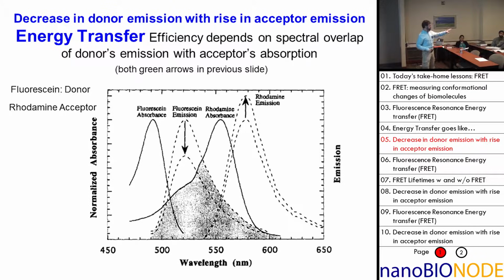You're thinking right, but modify it slightly. I_D is the intensity of just the donor. I_DA is the intensity also just of the donor, but in this case with the acceptor nearby.